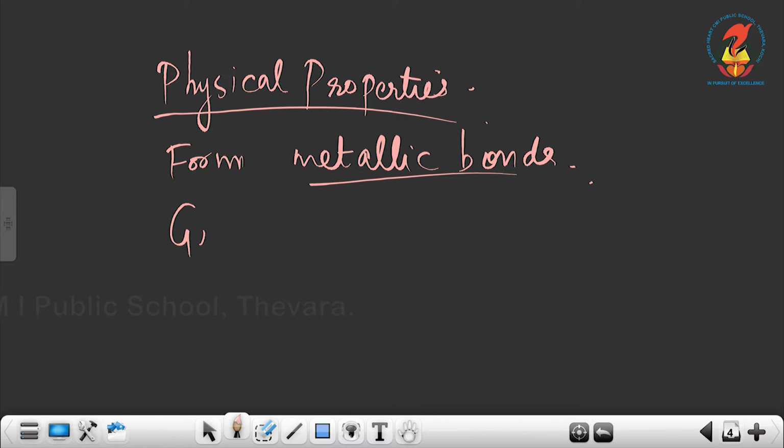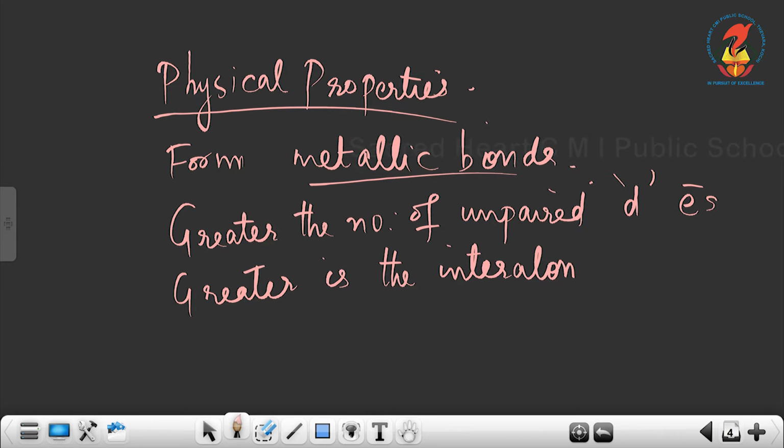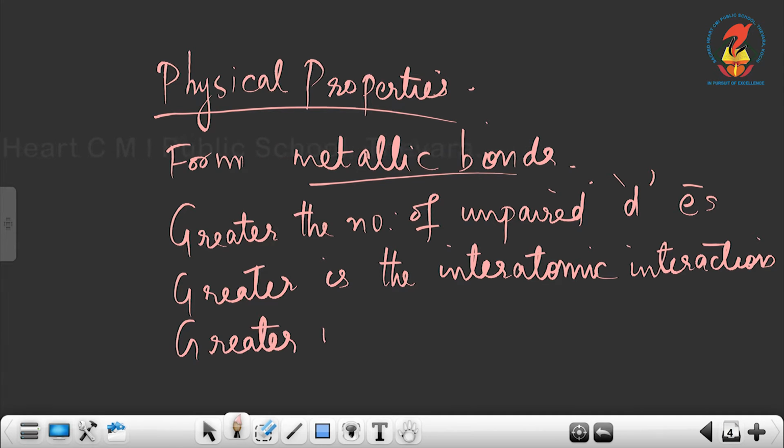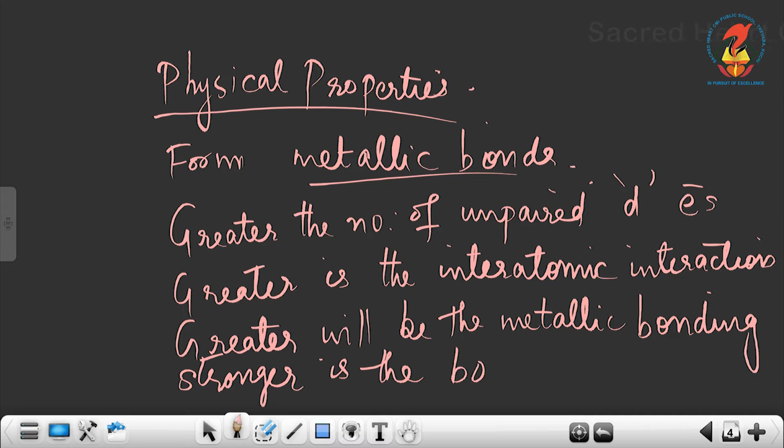And this is something very important: greater the number of unpaired d electrons, greater is the interatomic interaction, greater will be the metallic bonding and stronger is the bond.